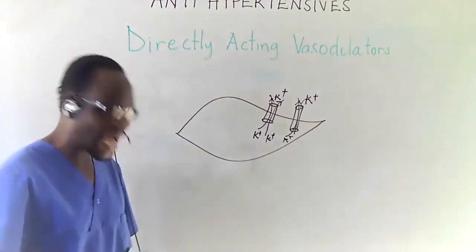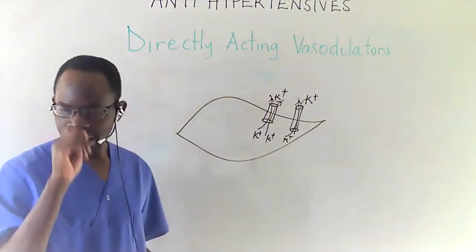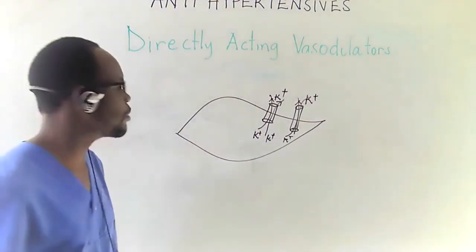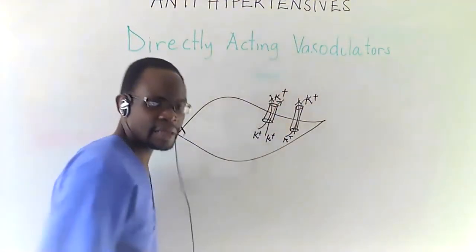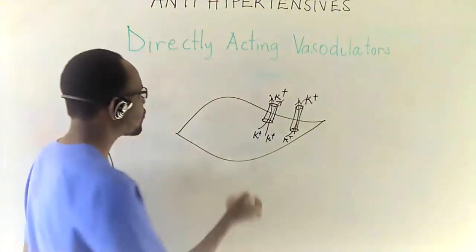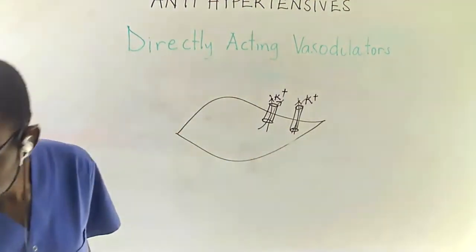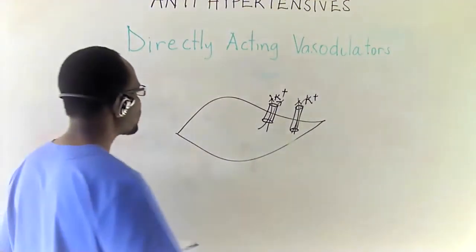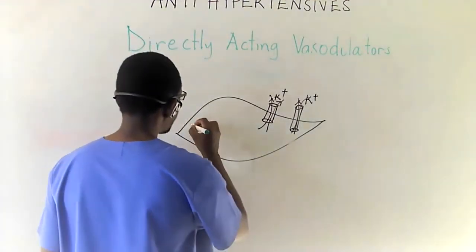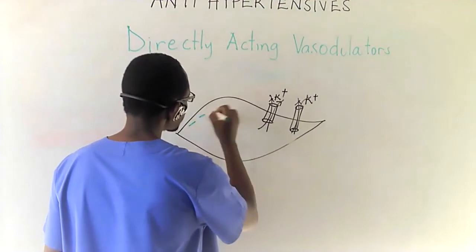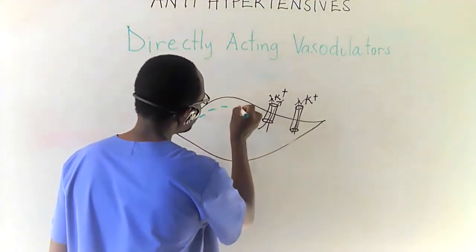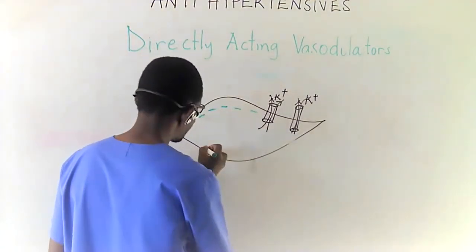Now, what does that make the cell? Remember the potassium is leaving. That makes the cell very, very electronegative.